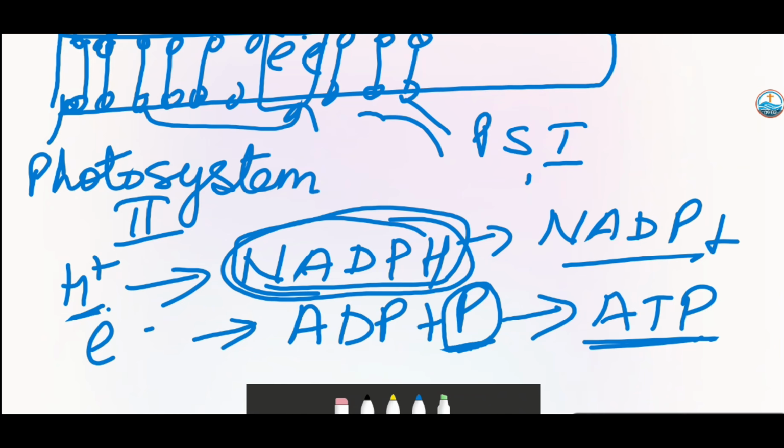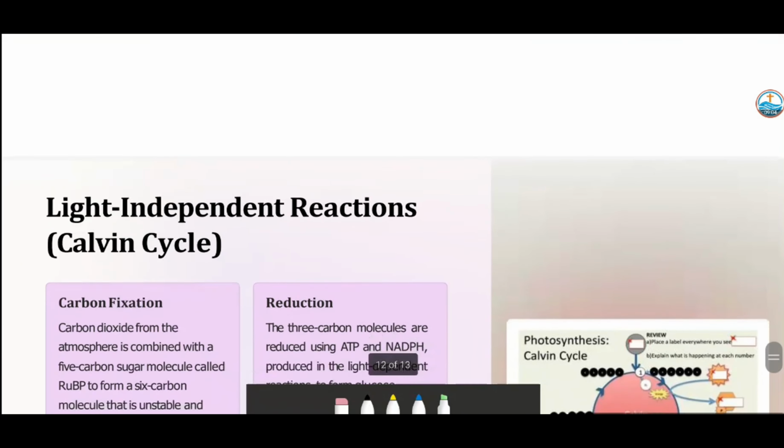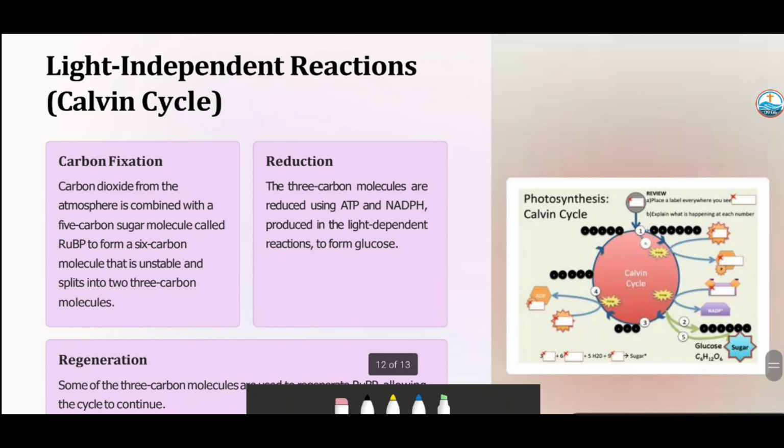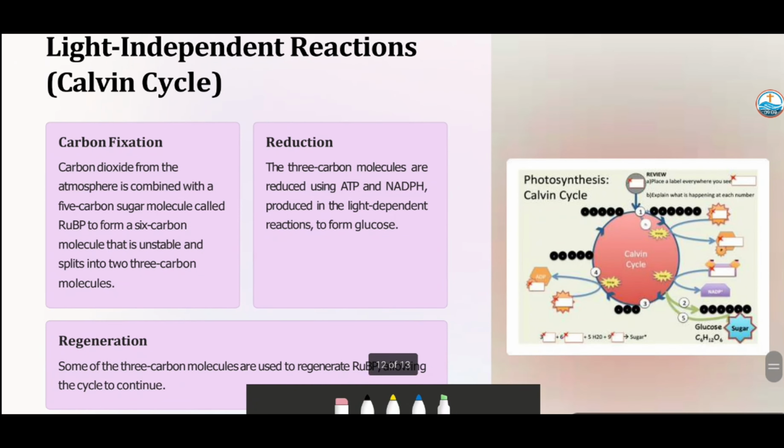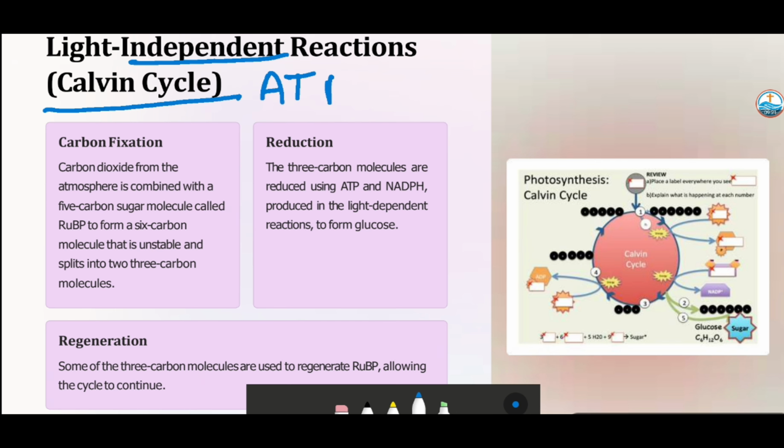Now let's move to the light independent reaction. Why is this light independent reaction? Because it does not require light, and it is also known as the Calvin cycle. Now the two products which we have as a result of the light reaction, ATP and NADPH, will be used here, will act as fuel.